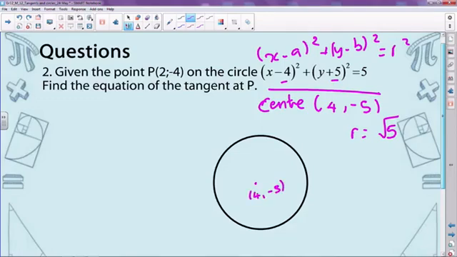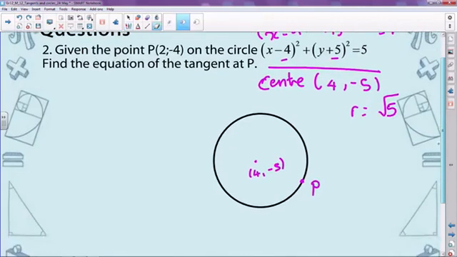They also tell me that there's a point (2, -4) that is somewhere on the circle. We're not going to put it exactly where it is, as this is not on a Cartesian plane. But P can't be there because it's got to be to the left of 4, so let's say it's somewhere here. So P is the point (2, -4).